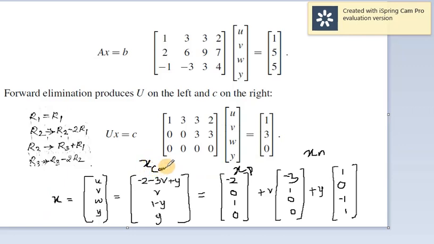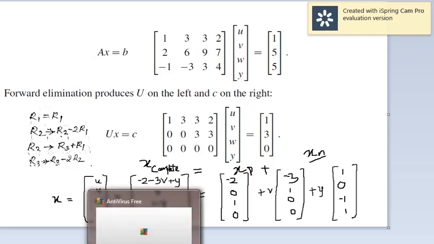This x complete is the sum of two x's: xp, the particular solution, plus xn, the special solution or null space. So x complete is the sum of xp plus xn, where xn is the special solution or null space and xp is the particular solution.